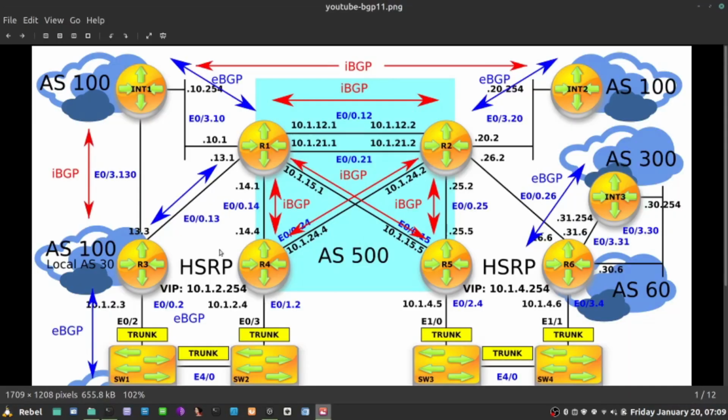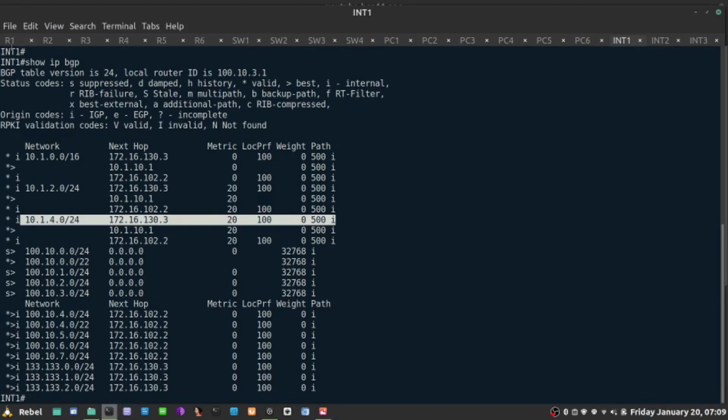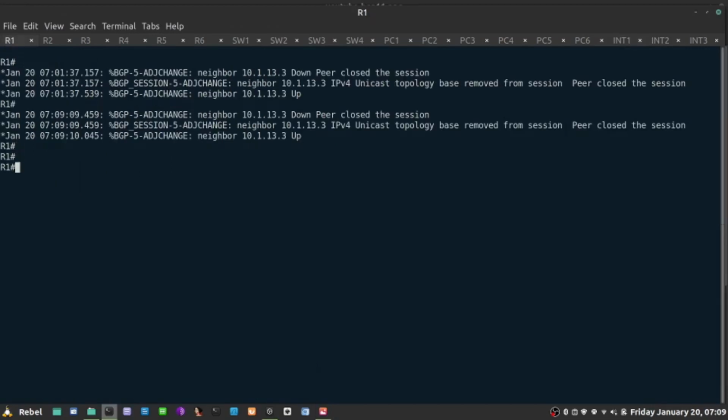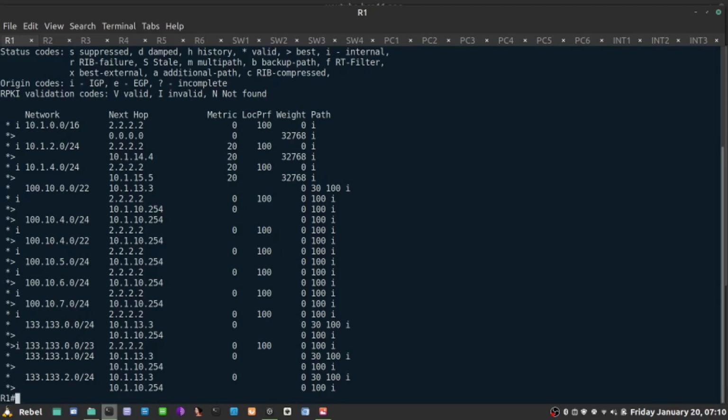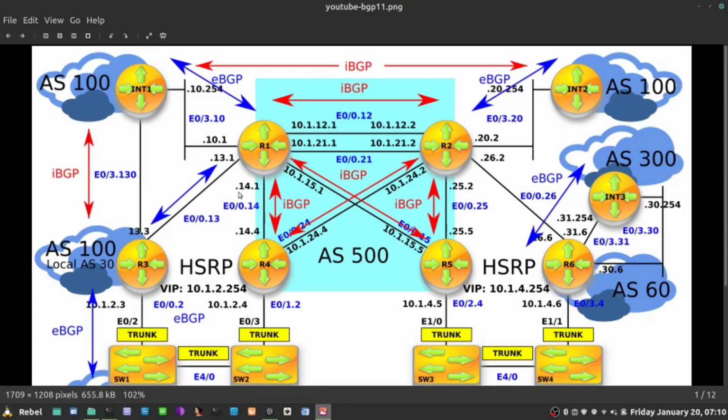So that's one thing, but there's one more thing we need to address. Let's go back to R1 for just a second and do show IP BGP command. R1 is facing R3, thinking it's AS30.